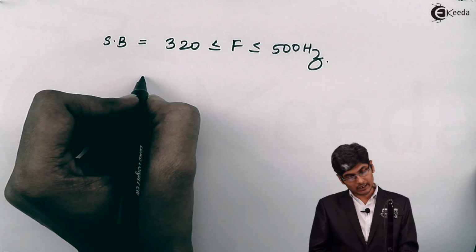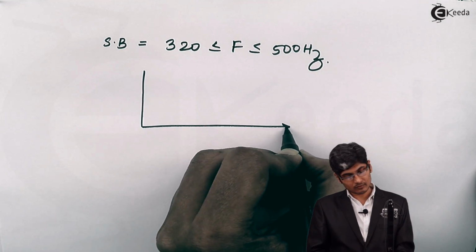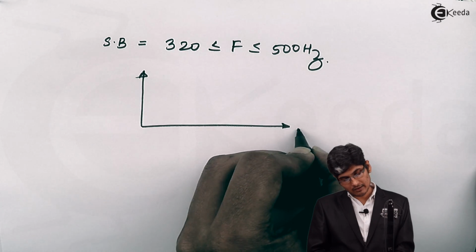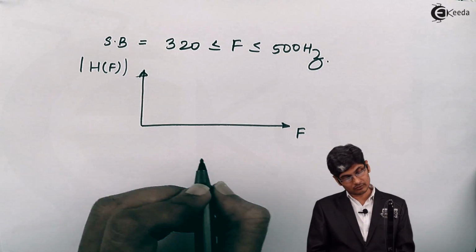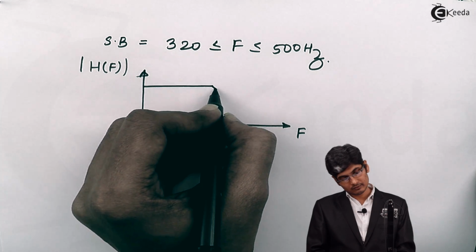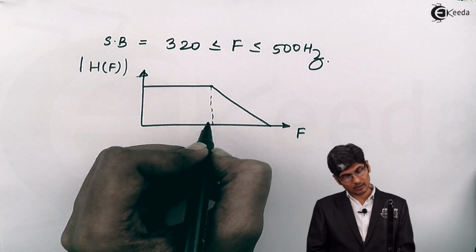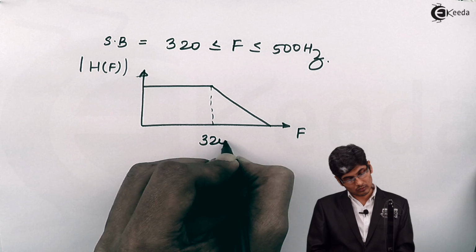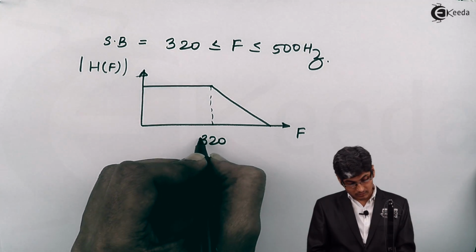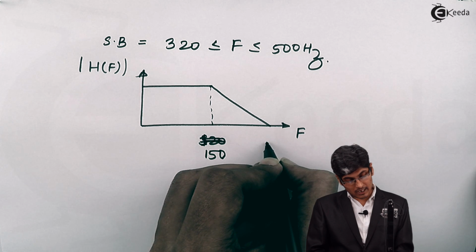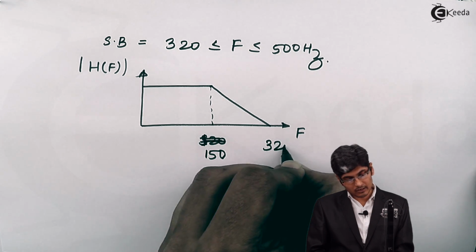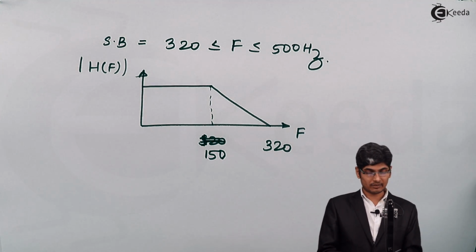If you draw the characteristics with f and mod of H of f, then the pass band edge will be at 150, and the stop band will start at 320 and go up to 500.